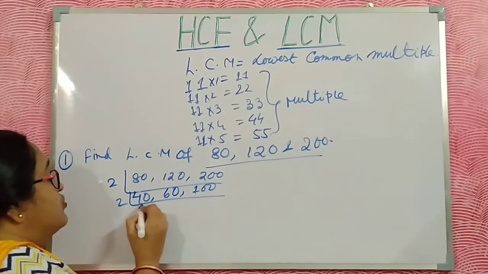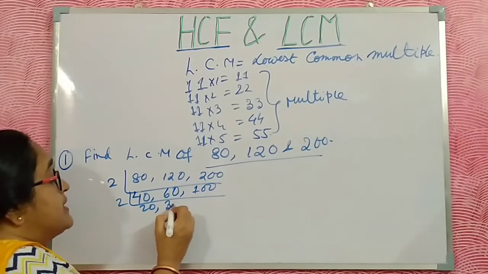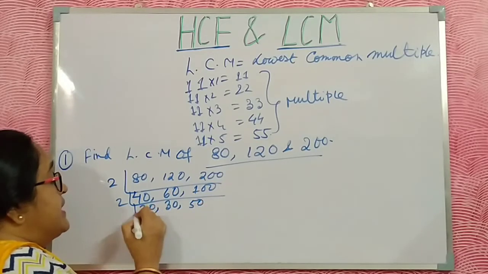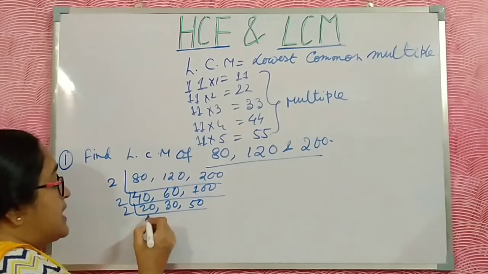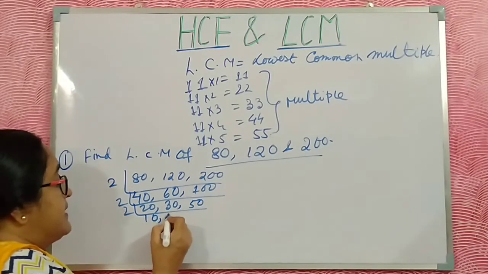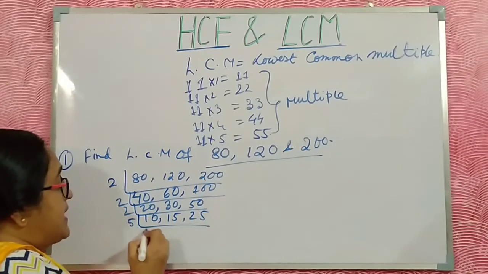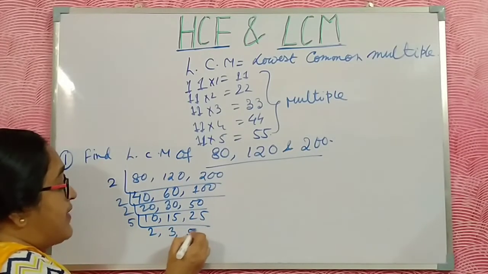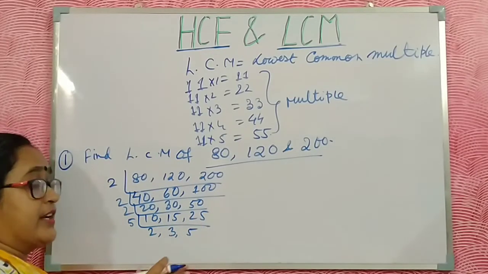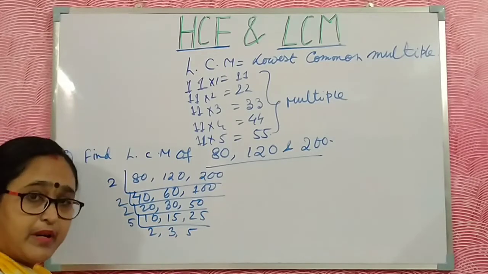Then again you divide to get 20, 30, 50. Then again 10, 15, 25. Then 2, 3 and 5. Then again you cannot divide, because these 3 numbers are prime numbers.